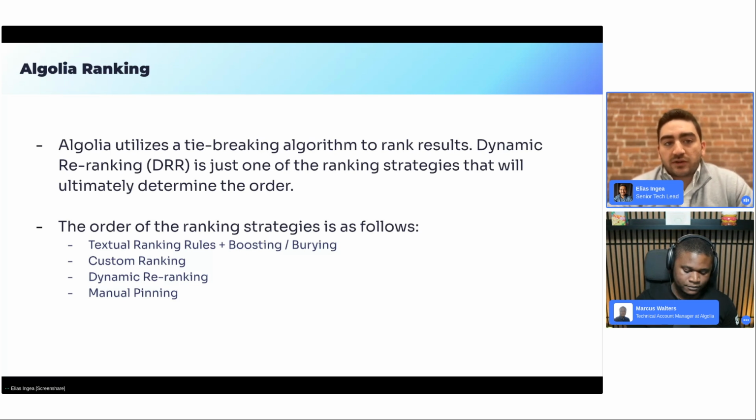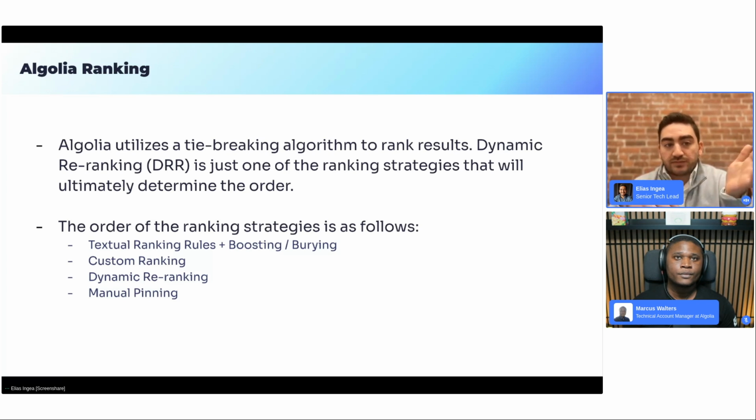So one, Algolia utilizes a tie-breaking strategy in order to rank results. You can think of the tie-breaking strategy like a funnel with steps, and each step in that funnel is a rule that we're going to use to group and order the results. And as we go through that funnel, we'll break ties, and that will ultimately lead us to our final order of results.